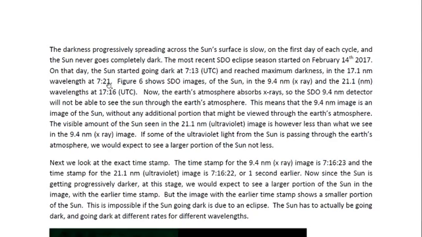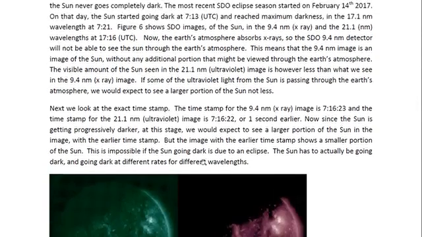It sometimes varies a little bit from when the maximum darkness appears in the other wavelengths. But we're going to look at images in the 9.4 nanometer, which are X-ray images, and in the 21.1 nanometer, which is ultraviolet. Both images are at 7:16.